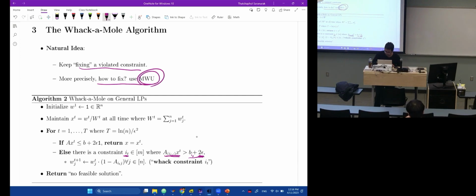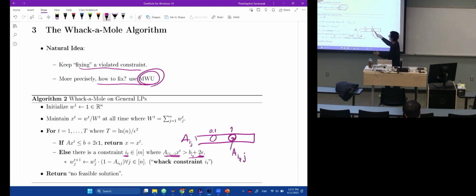So the intuition is this. You look at this row of A, this is A_{i_t}. If some coefficient here is big, and some other is small, let's say 0.1. If A_{i_t j} is big, then this is the coefficient that makes this whole thing big.